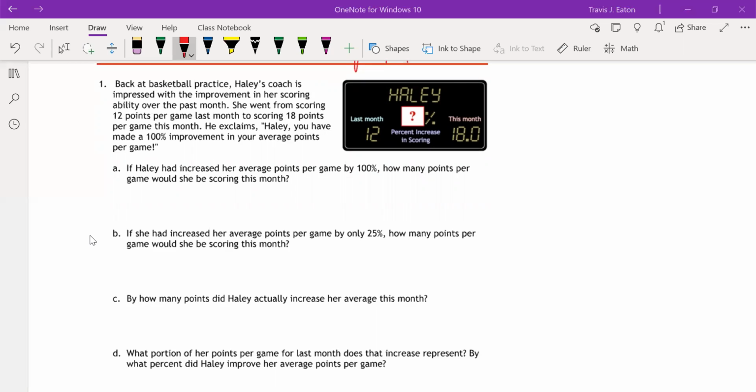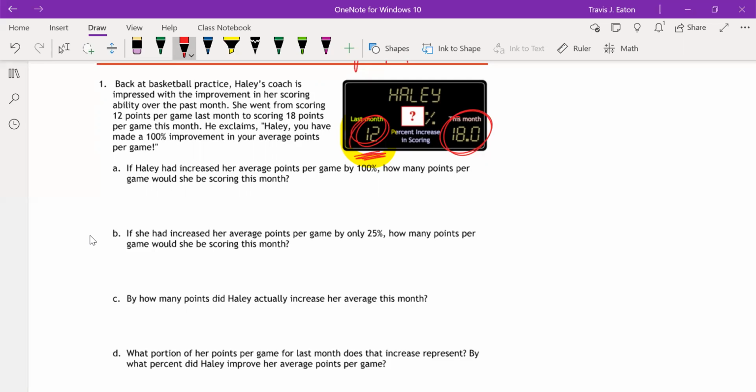Well, let's have a look at that. Last month she scored 12 points. You can see it right here, right? 12 points. And this month it says that she scored 18. Now, if she had a 100% improvement, how many points did she score this month?